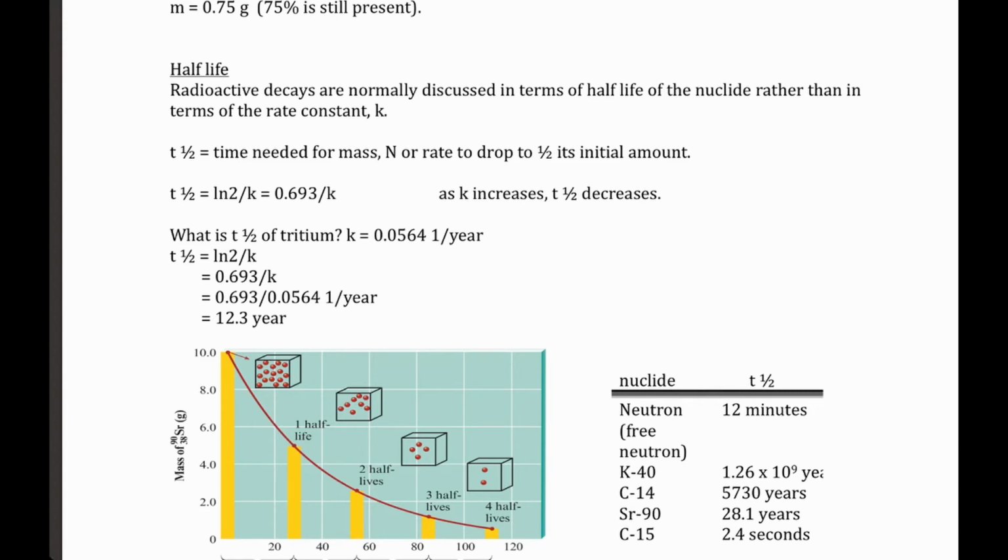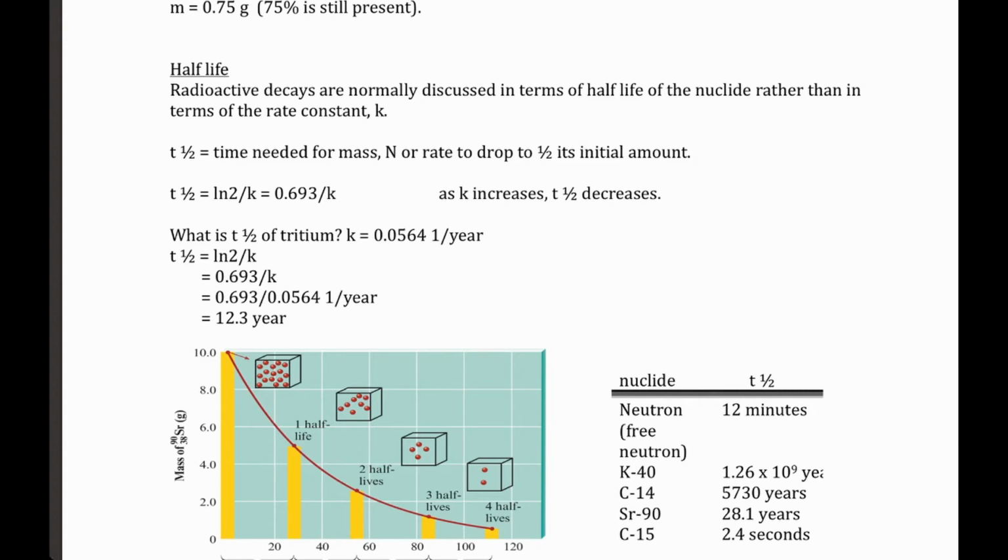We often look up information having to do with the rate of decay of a particular isotope and find we're given half-life, and from that we can find the rate constant. So a reminder, half-life, T sub 1/2, is the time needed for the mass or the number of nuclei or the rate to drop to 1/2 its original amount.